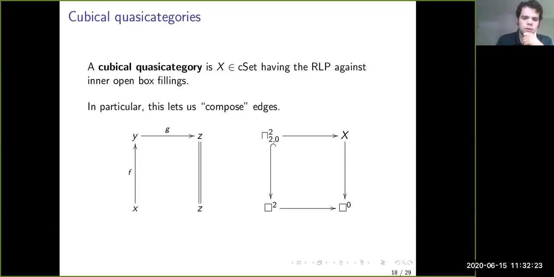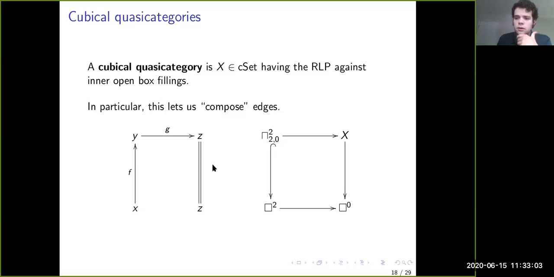And we can see how this allows us to compose edges. So if we have a pair of edges that we would like to be able to compose in a cubical set X, like say F and G, as I've indicated them here on this diagram, then we can complete this to an open box by adding the degenerate edge at the vertex Z right here. So this gives us a map from the 2, 2, 0 open box into X, for which the critical edge is this edge over here, which is degenerate.